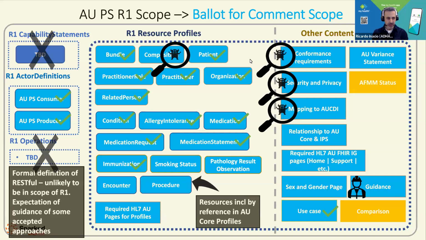Just also a quick reminder on the release 1 scope. We're trying to wrangle this piece of work initially. You will see highlighted in green the profiles that we've already gone through and that we've had walkthroughs for. The ones highlighted with a magnifying glass and a little gremlin bug are the ones we're asking participants in this call to have a look at.